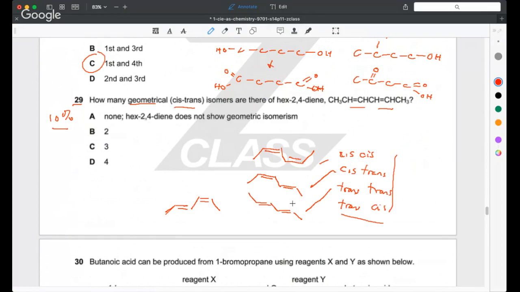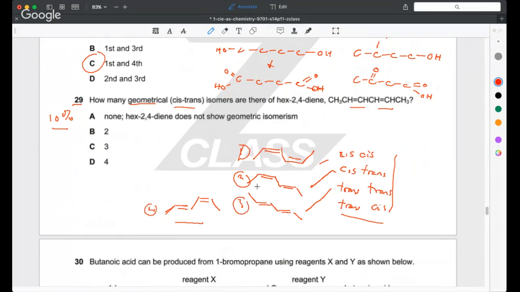But the examiner is trying to get you to spot that actually this shape, I call that number 4, you've got 1, 2, 3, and 4, actually 2 and 4 are actually the same thing.